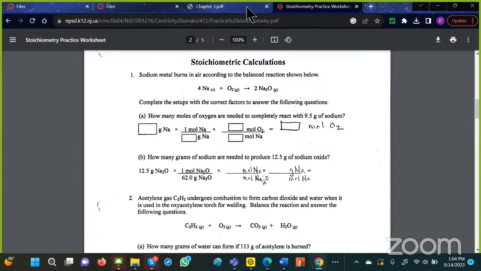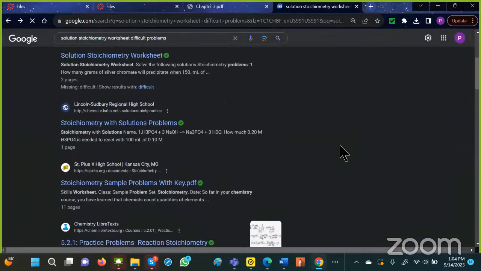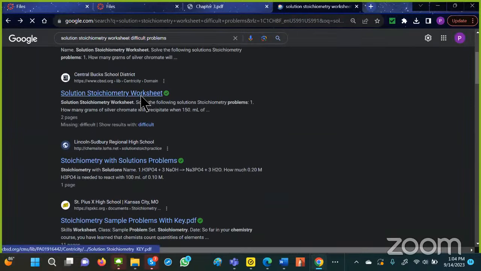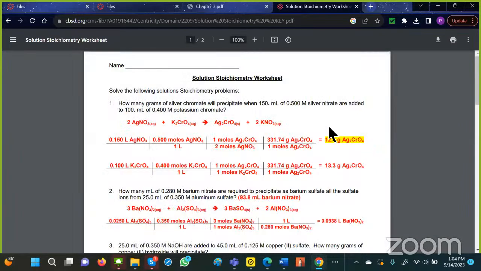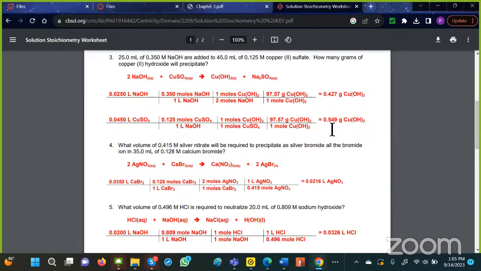Oh, that's stoichiometry. I'm looking for solution stoichiometry. Back up here. Solution stoichiometry, that's what I'm looking for. Let me see what is on top here. Okay, they provide the answers here. This is not too much fun.